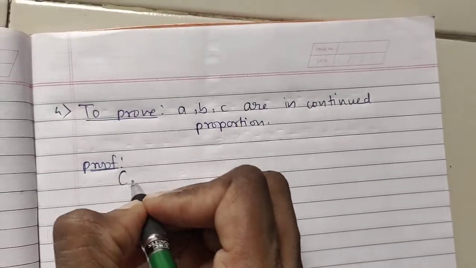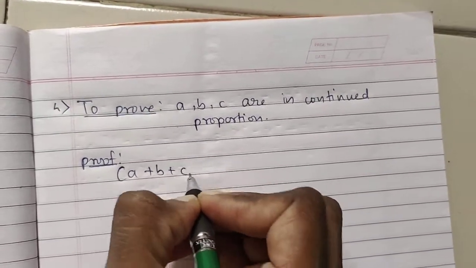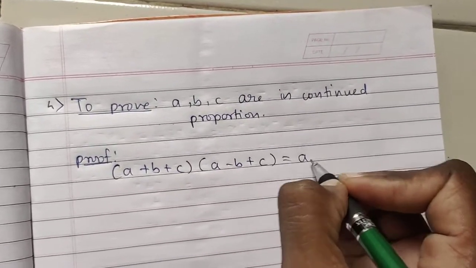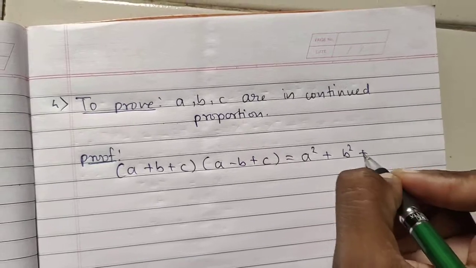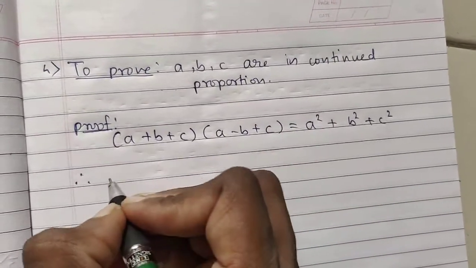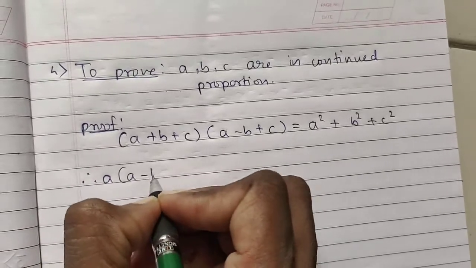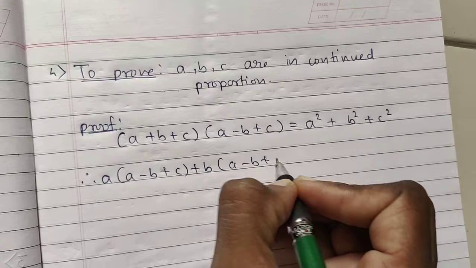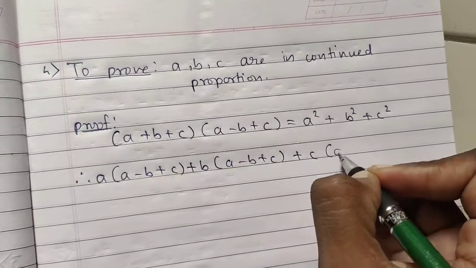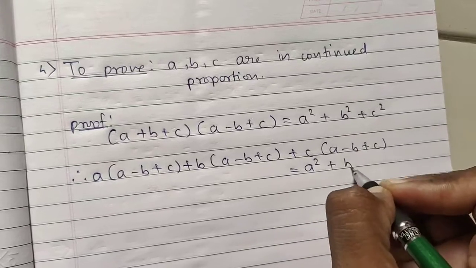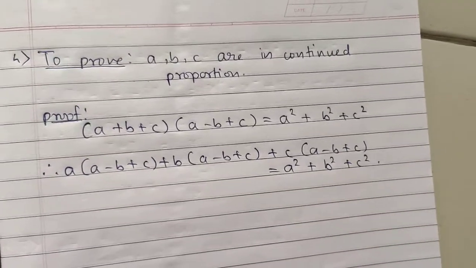We are given that (a plus b plus c)(a minus b plus c) is equal to a square plus b square plus c square. Now we will multiply these brackets. First multiply a with this bracket, then plus b with this bracket, then plus c with this bracket, and equal to a square plus b square plus c square.